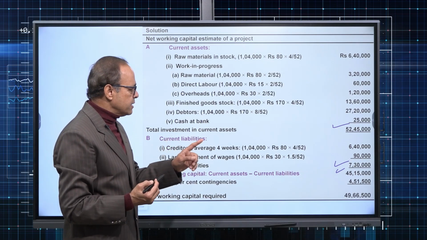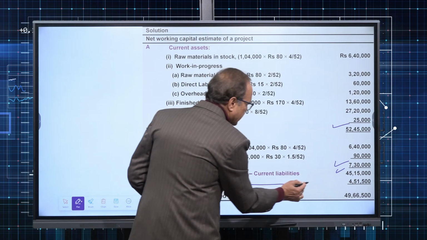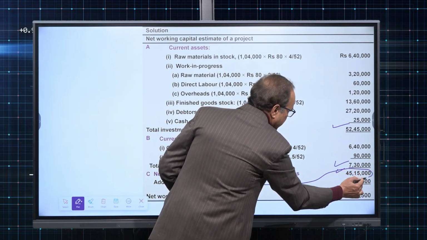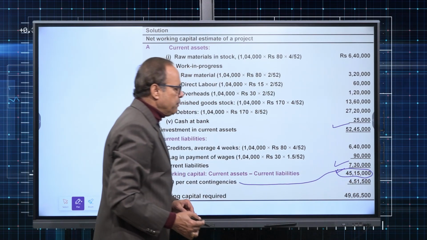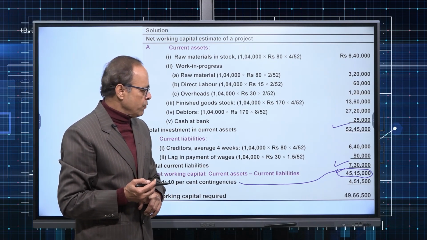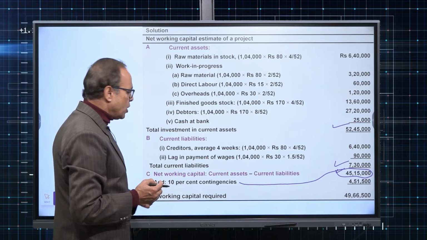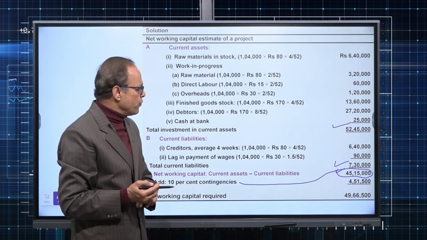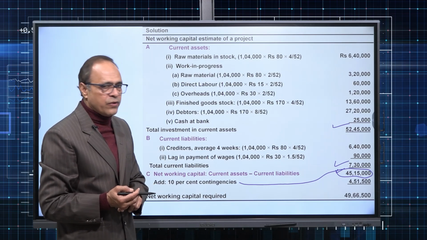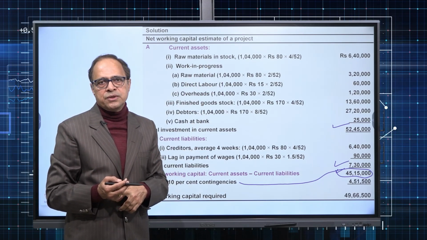And this 10%, let me tell you, has been calculated on the net working capital. So 10% of 45,15,000 is 4,51,500. And finally, we get working capital requirement. So how much working capital we require? 49,66,500 to sustain production level of 1,04,000 units.